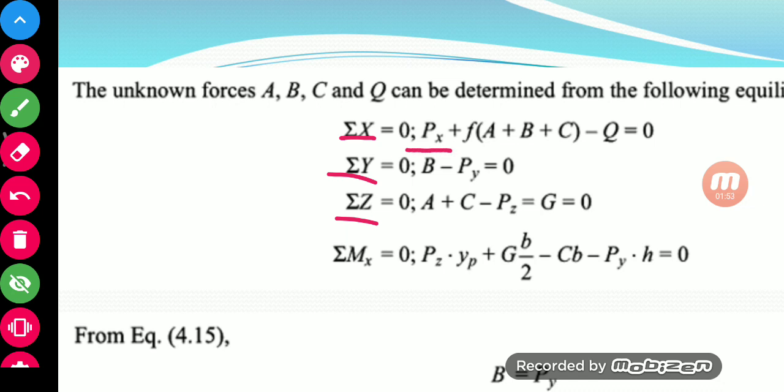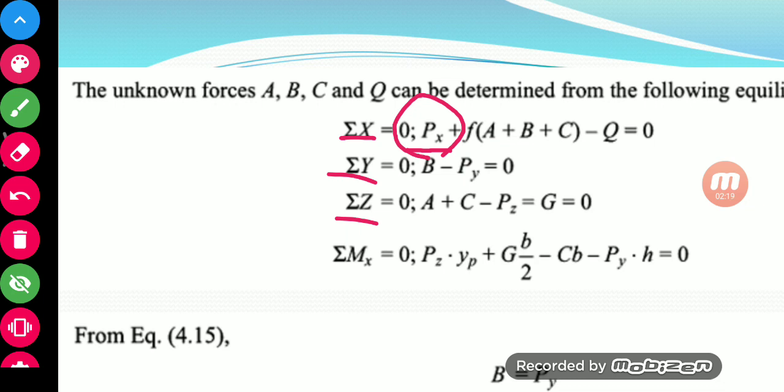X direction means the direction along the slide way. Here we see that mainly there are two forces along with the frictional force. The first force seen here is Px. The Px is the cutting force in the x direction, which is coming from the workpiece onto the tool.